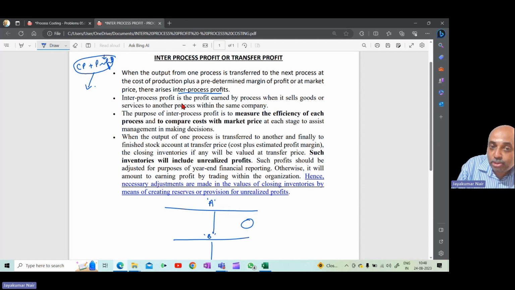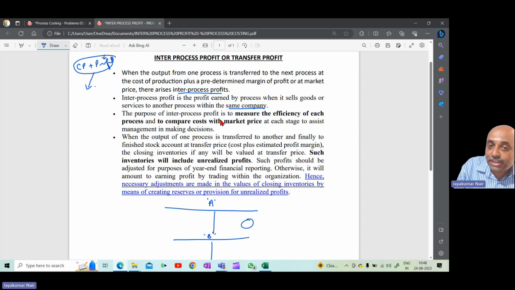Inter-process profit is the profit earned by a process when it sells goods or services to another process within the same company. So when goods from one process are transferred to the next process at a loaded price, then arises the inter-process profit.